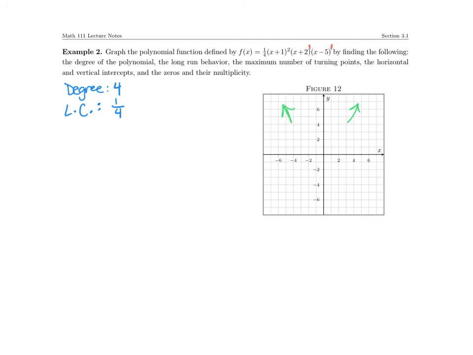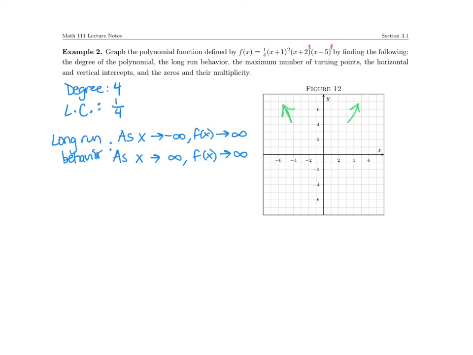Now, to list out the long run behavior and what that looks like, we're going to say that as x goes to negative infinity, or just the left arrow, f of x goes to positive infinity, meaning that our left arrow is facing upward. And as x goes to infinity, f of x goes to infinity, which means that our right arrow, or our positive arrow, is going upward as well. So that's all that means.